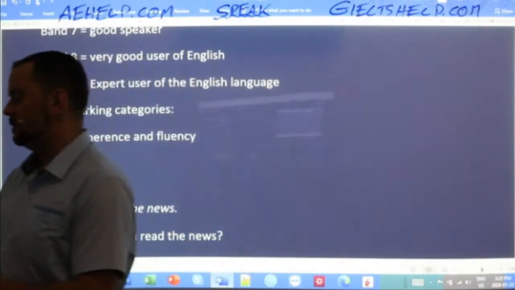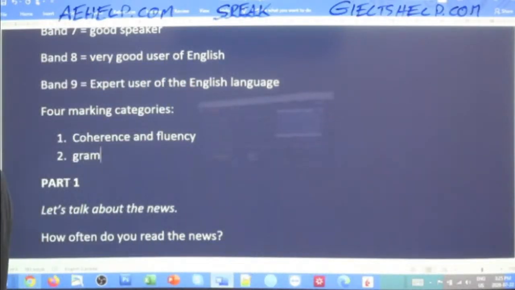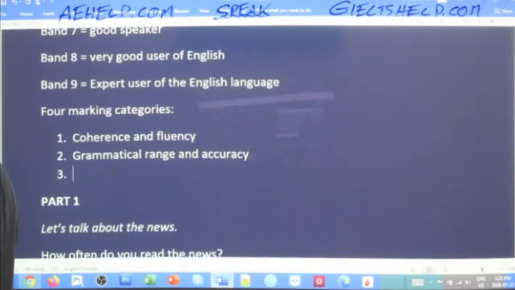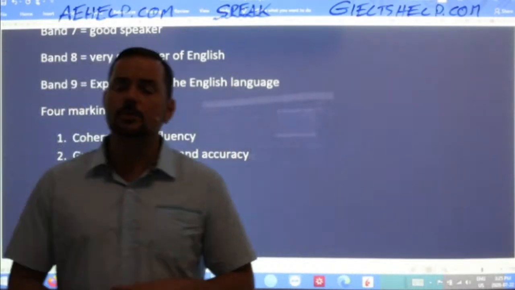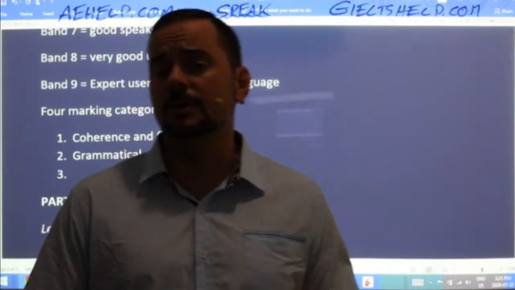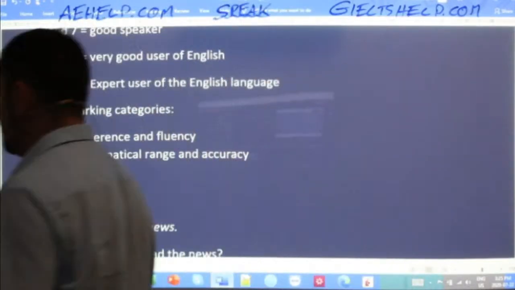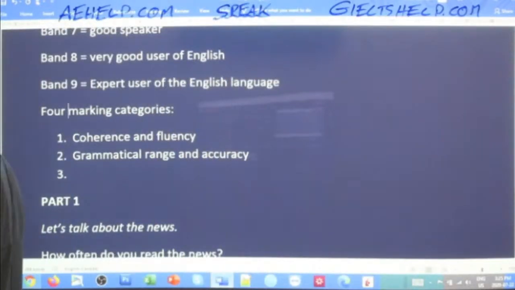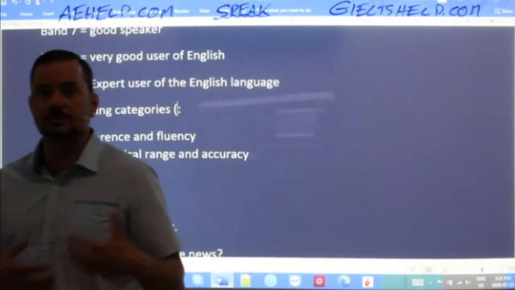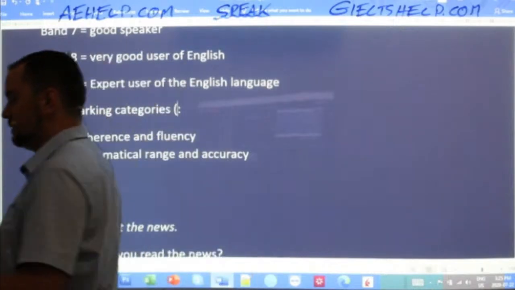The grammar, what they do with that is they call it grammatical range and accuracy. Okay, that's another one. And then a third one, and you can find this marking rubric. So if you Google this online, okay, you can find it. It's not a secret. They won't tell you exactly how much you lose for what, because that takes a lot of training, but they'll give you this information, okay?